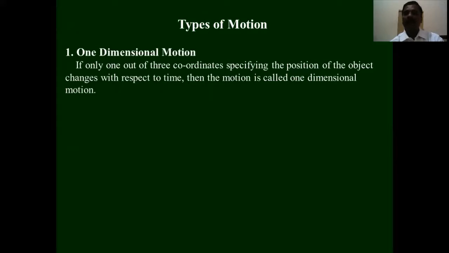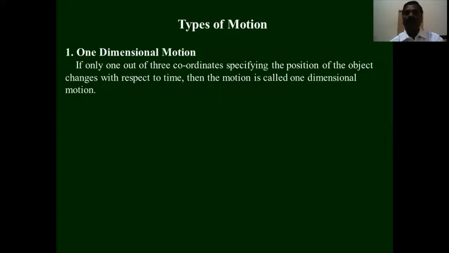If we consider x and y plane, it is called as the two-dimensional coordinate system. If we consider three axes which are mutually perpendicular to each other, like x, y and z, then it is called as three coordinate system.